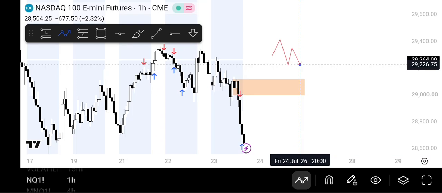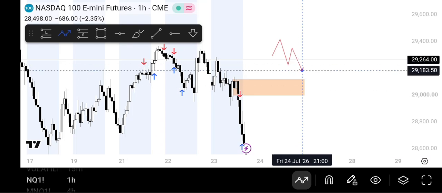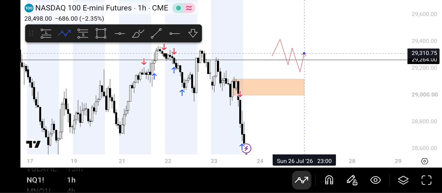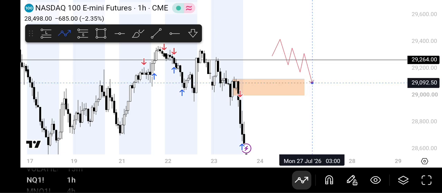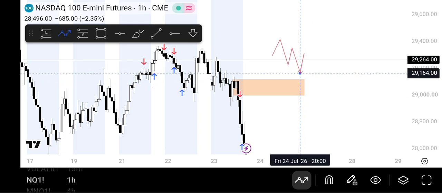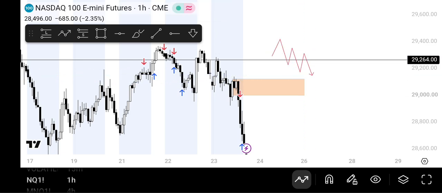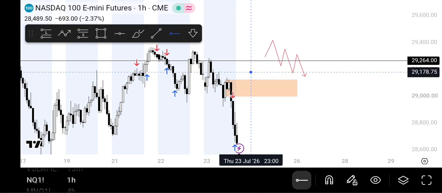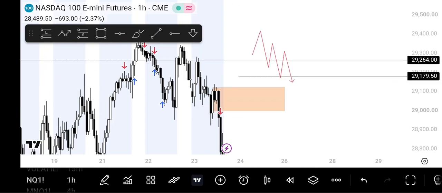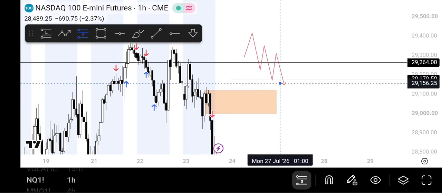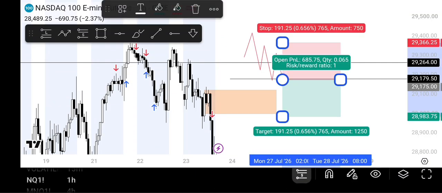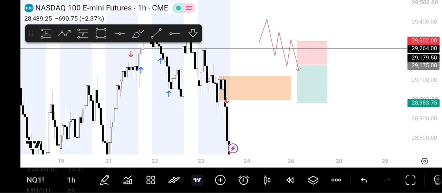So now this is impulsive, this is retracement, this is impulsive. So the impulsive, I wait for a breakout around here, and then I enter for a short position, around here. I'm going to show you right now.